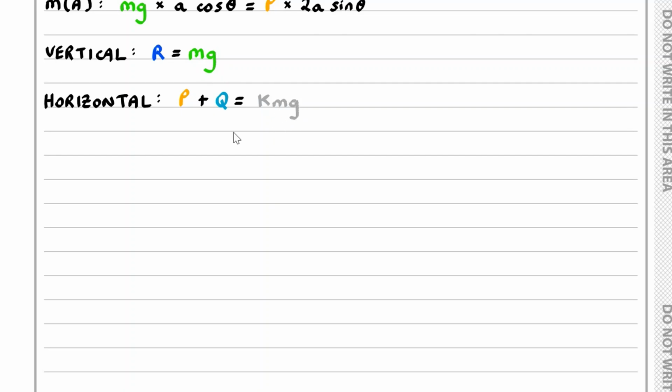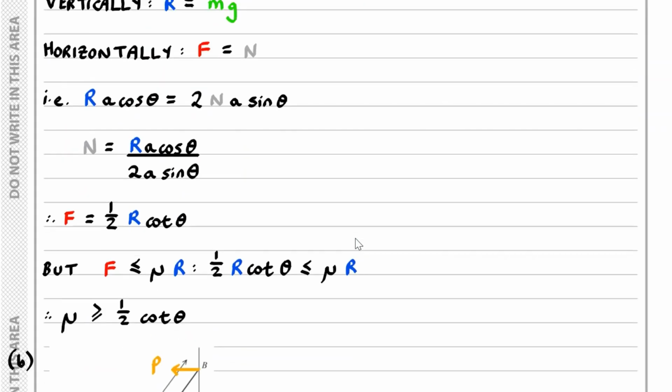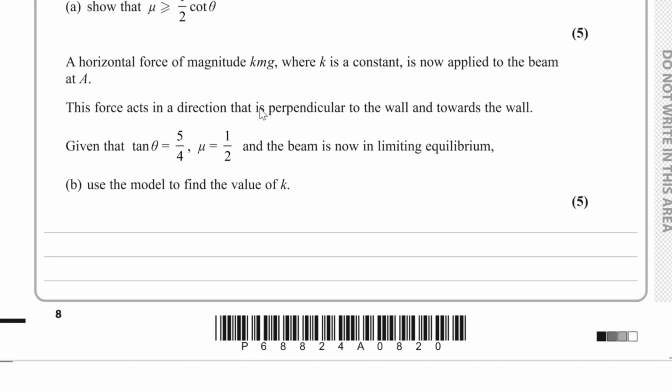So what we can do from this is rearrange to find out what P is. Now, before that, we know already from the question that we're in limiting equilibrium.